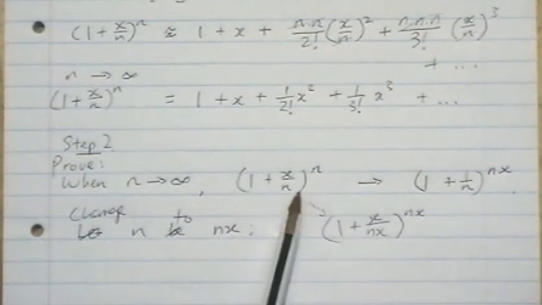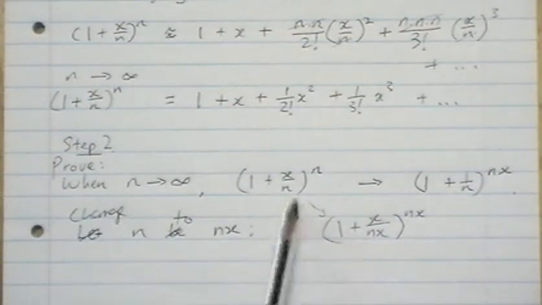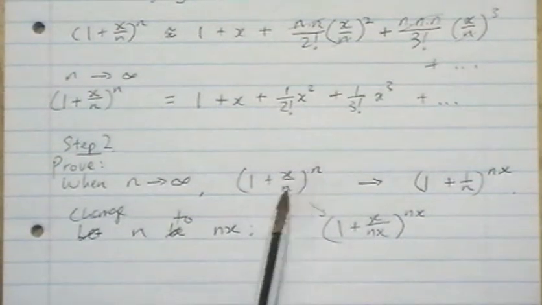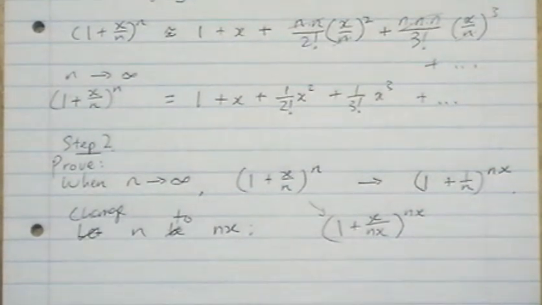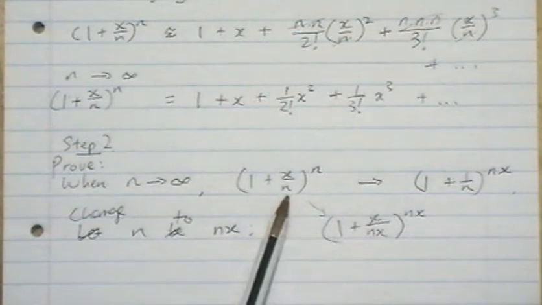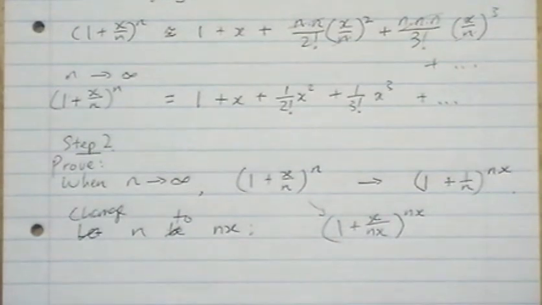Now, they are obviously not equal. After all, I have n there and I've multiplied n by an x here. So for a normal number of n, these two are not equal. But they become equal when nx goes to infinity.